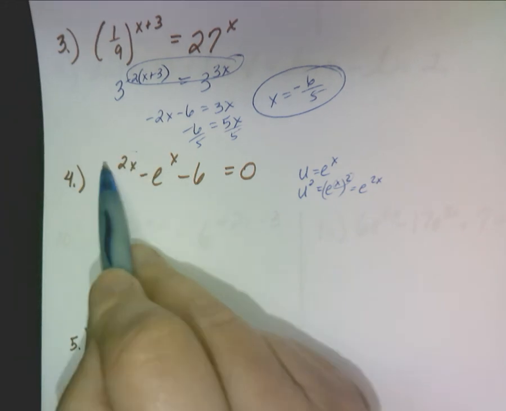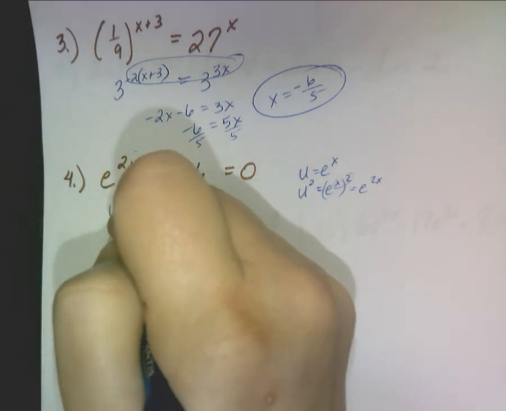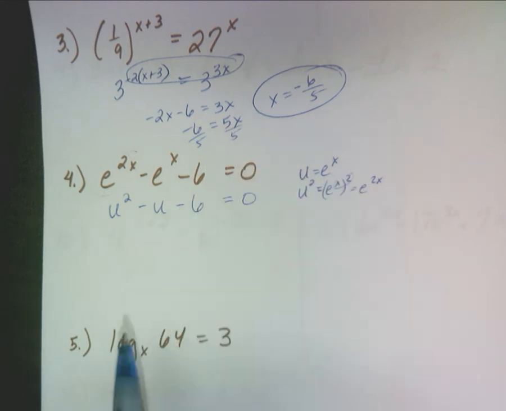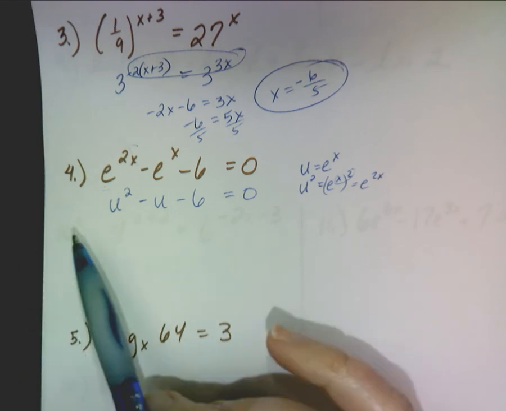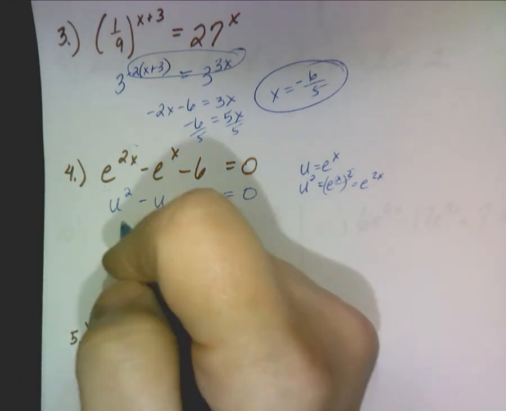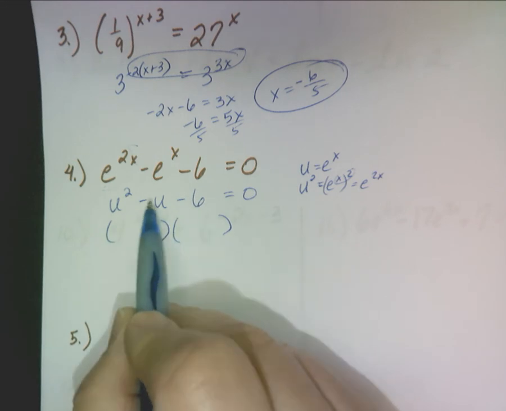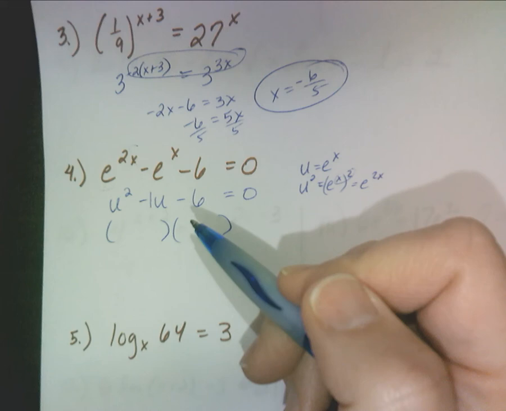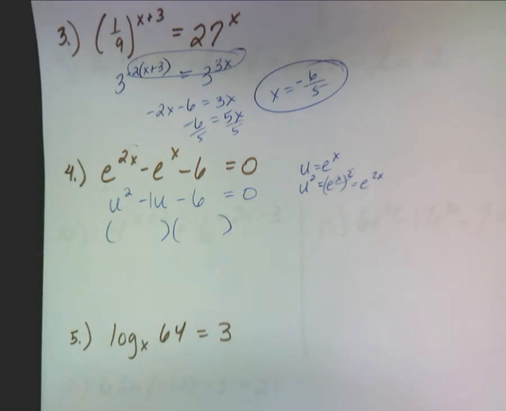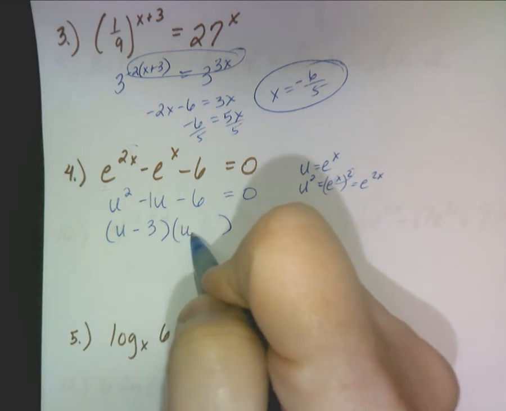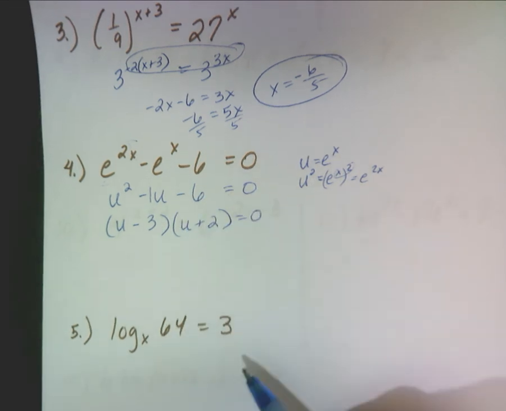So I'm going to actually call this u squared, this is u, and then minus 6. And that is just something that we've done in the past. With Miss Davis, you did a bunch of these. This is factoring. So what 2 numbers multiply to a negative 6 but make a negative 1 when you add them? And the correct answer would be, let's see, u minus 3 and u plus 2.